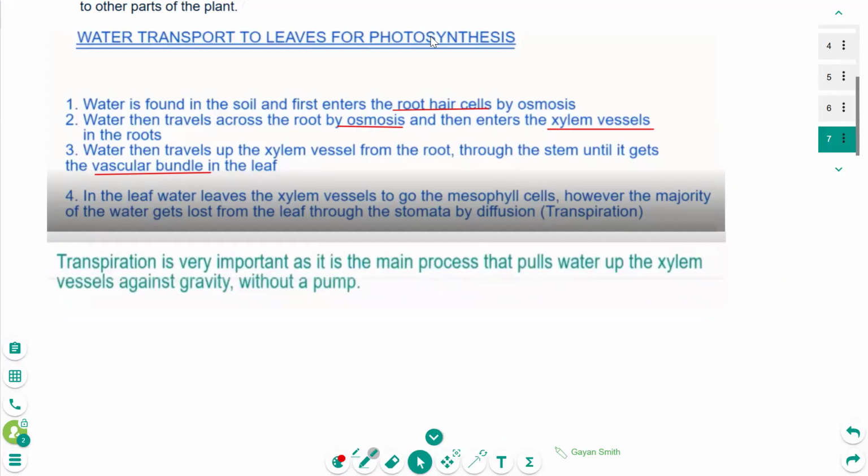So the loss of water through the stomata is known as transpiration, and that is important to pull the water up the xylem vessel against gravity without a pump. So transpiration, the loss of water through the stomata, is a very important process, which we'll explore further.